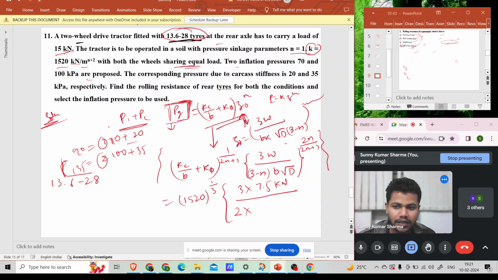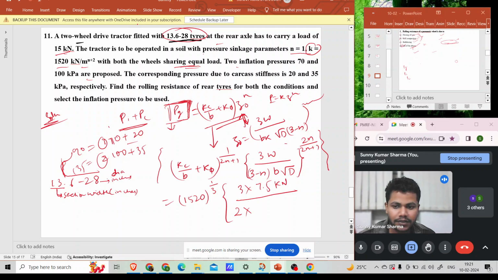Sivaram, this we have discussed so many times. This is section width, right? And 28, this is in which unit? 13.6 is in inches. And 28 in inches is the diameter of the tire, nominal rim diameter.